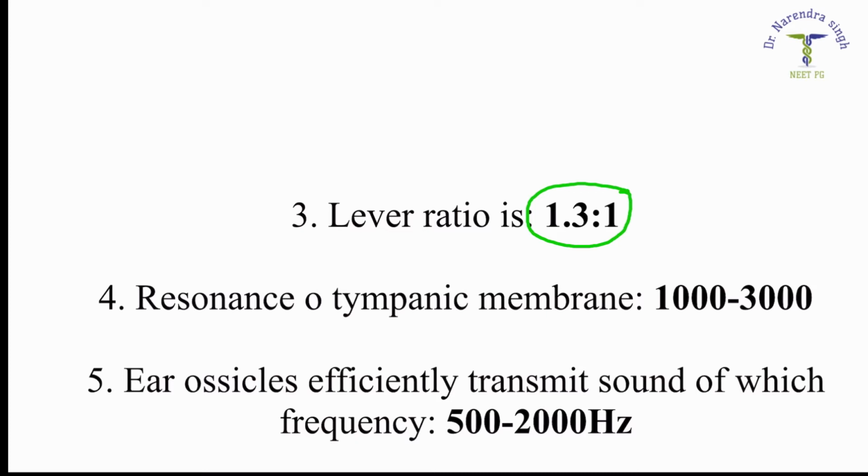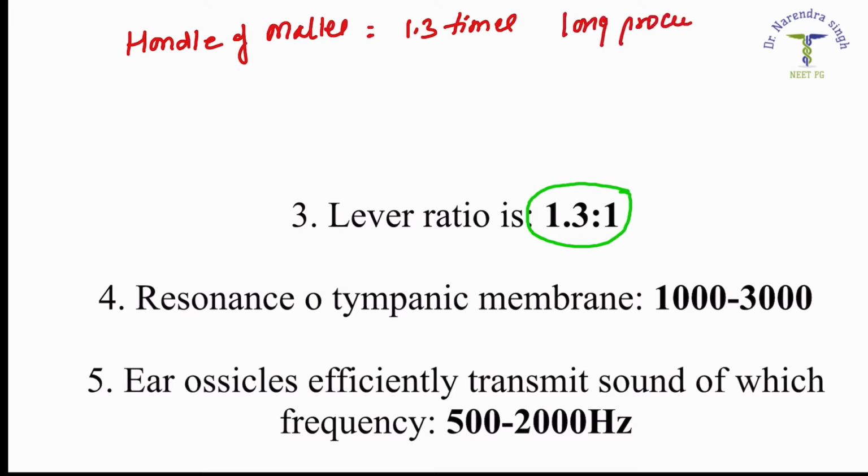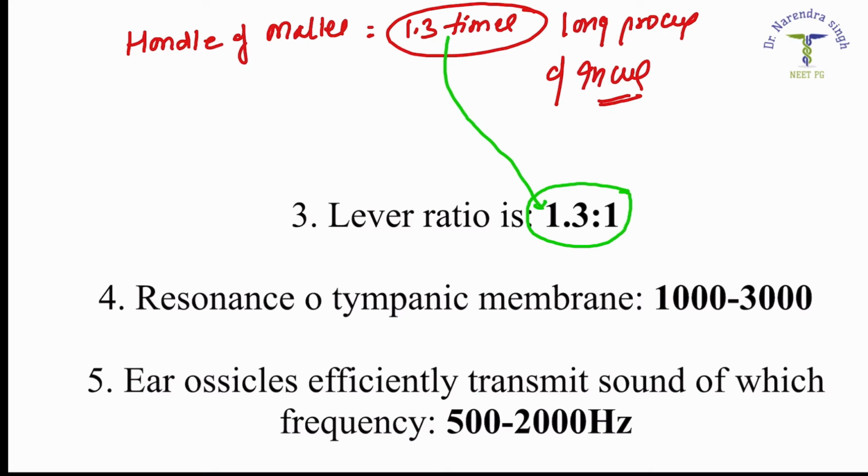We know that the handle of Malleus is 1.3 times longer than the long process of incus, because of which the incus moves 1.3 times greater than the handle of Malleus, resulting in the ratio 1.3:1.